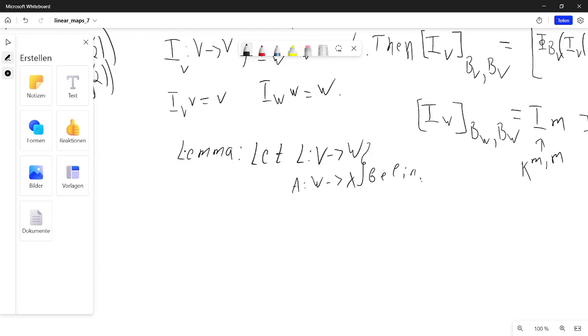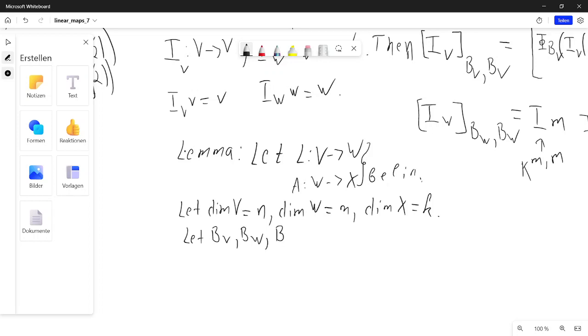Let dimension V equal n, dimension W equal m, dimension X equal k. So in particular, the dimensions are finite. Let B_V, B_W, B_X be respective bases.